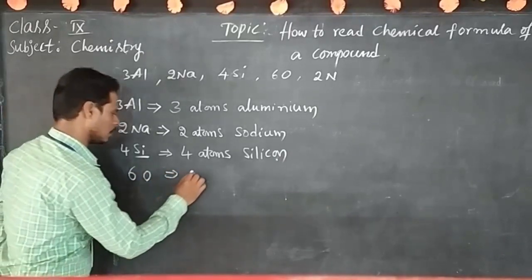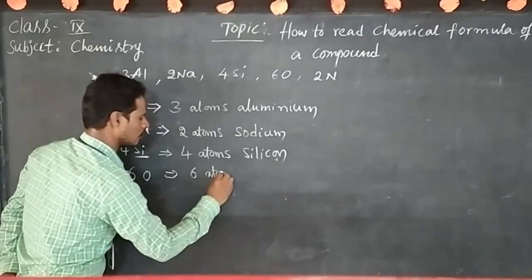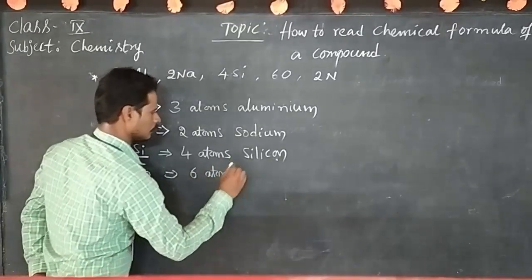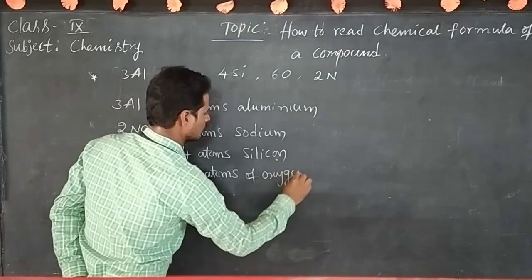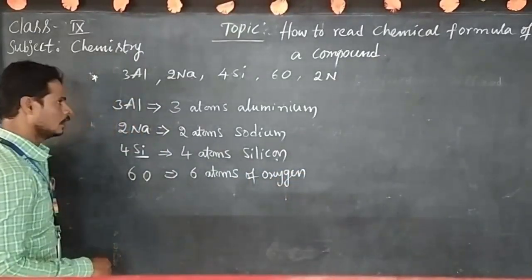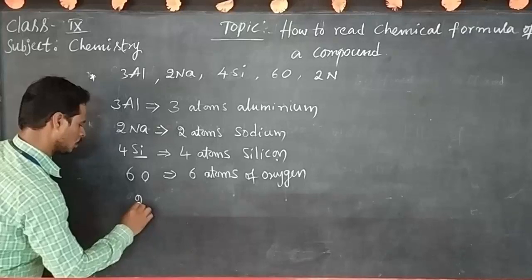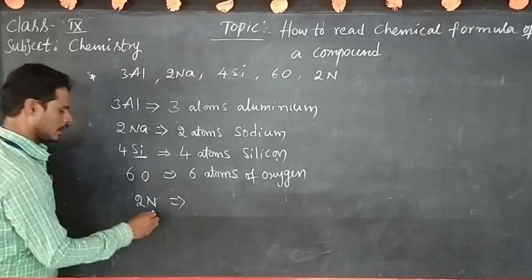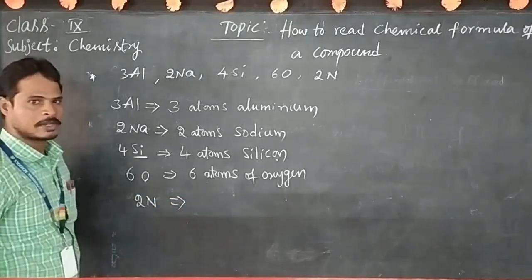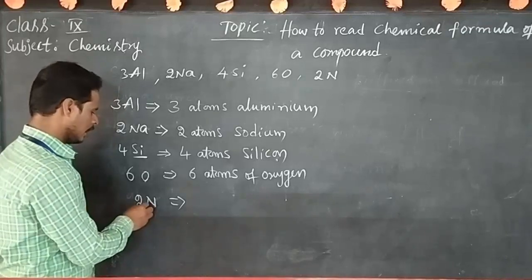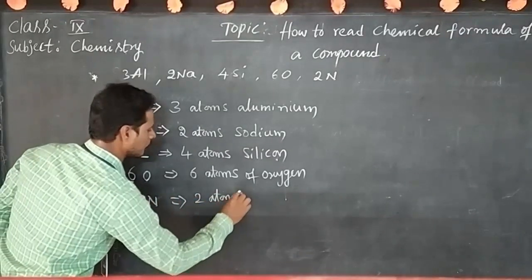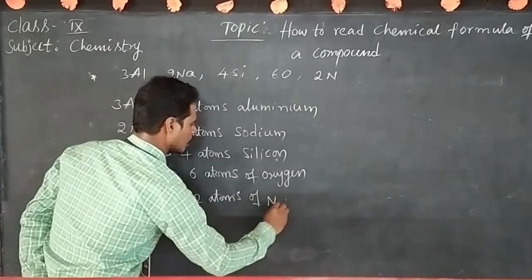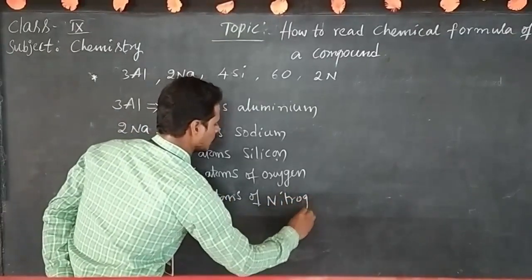That's why it tells about 6 atoms of oxygen. Next one, 2N. So here, nitrogen. In front of nitrogen, how much number is there? 2. That's why it tells about 2 atoms of nitrogen.